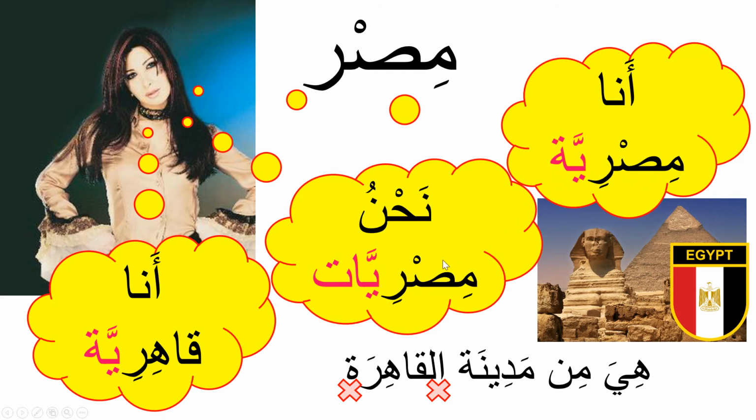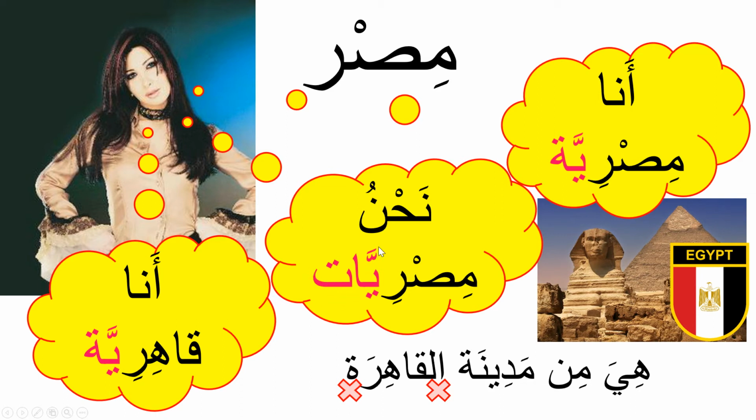And then if you want to make that a group of feminine Egyptian people or things, you will open up that ta marbuta, or remove it, and place an alif ta as the suffix.